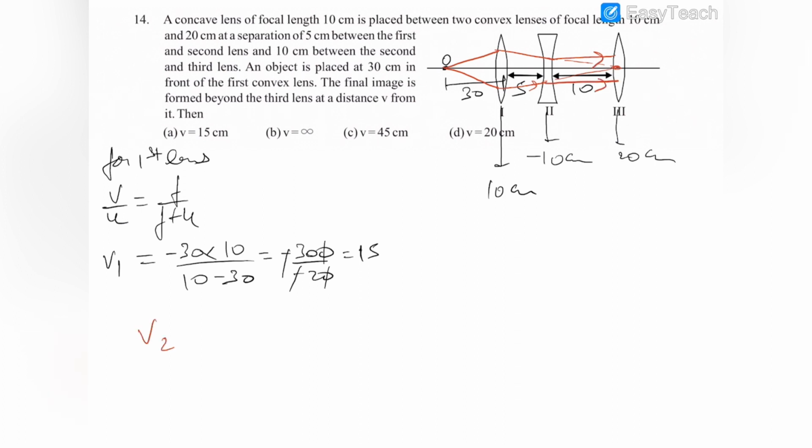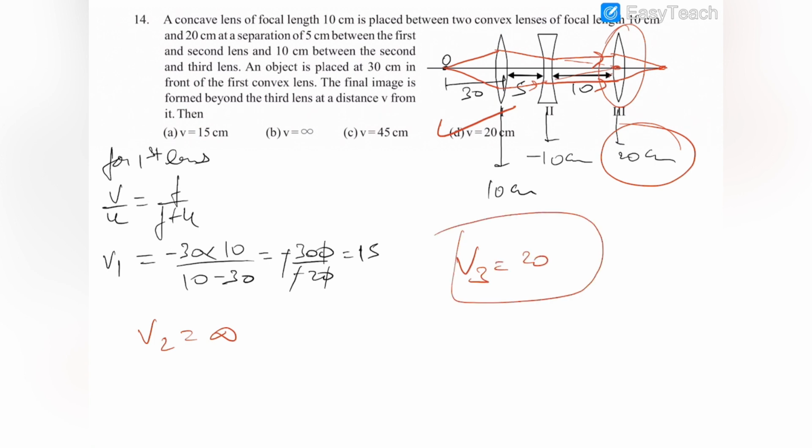So v2 will be infinity, and therefore the final image of the third lens would be at a distance of its focal length, which is 20. So the value of v3 will be equal to 20 centimeters. Now we move on to the next question.